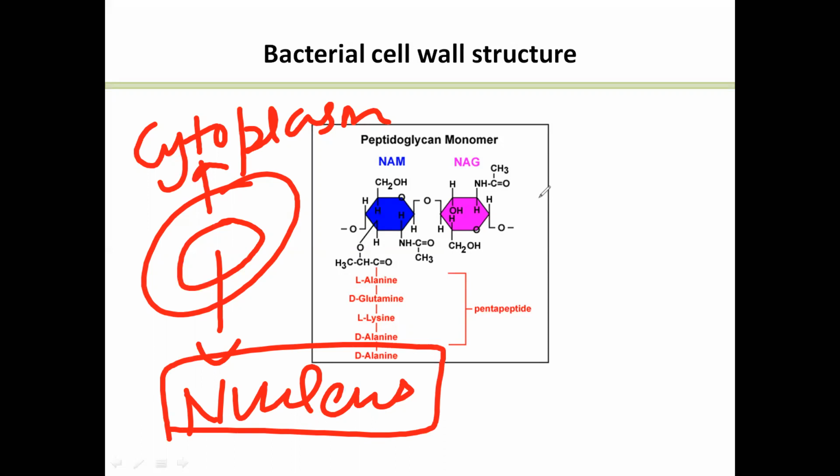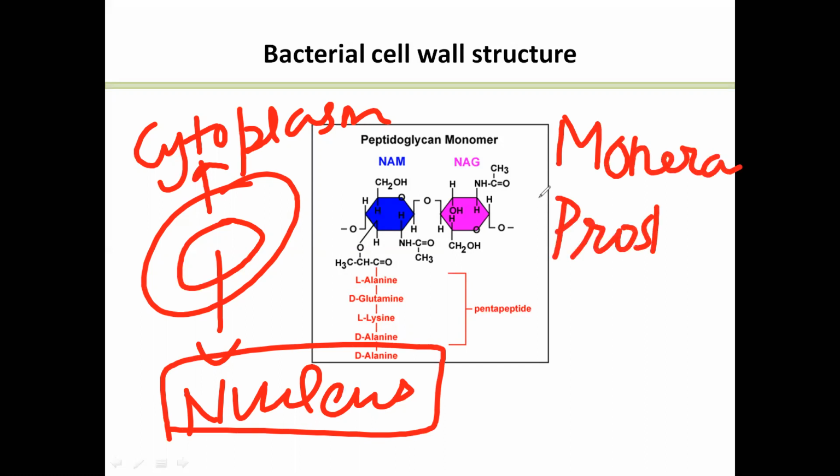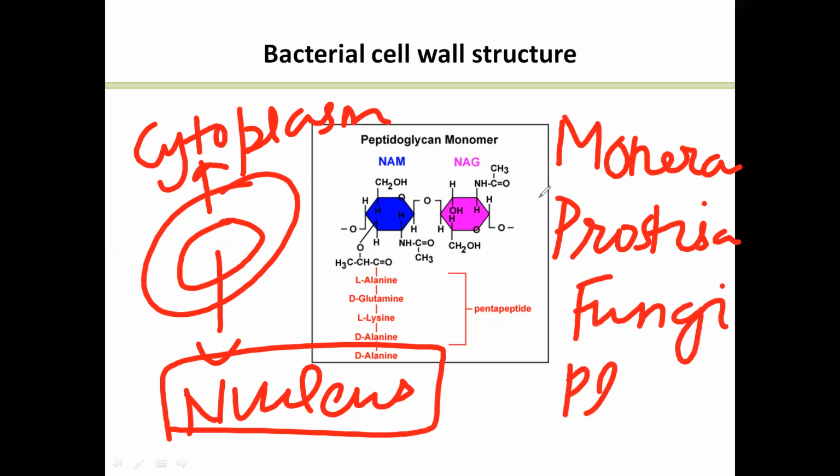If we talk about the classification of organisms, there are five kinds of classification. One is Monera, second one is Protista, third one is Fungi, fourth one is Plantae, and fifth one is Animalia.